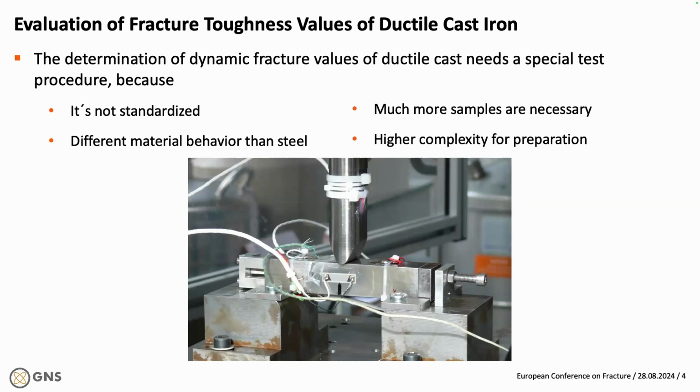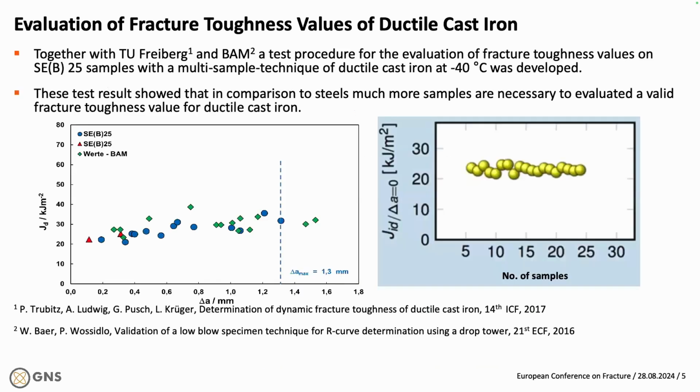It was shown that we need much more samples to evaluate the fracture toughness. It has a high complexity during the preparation process, and we have a different material behavior than steel. And we did that not alone.